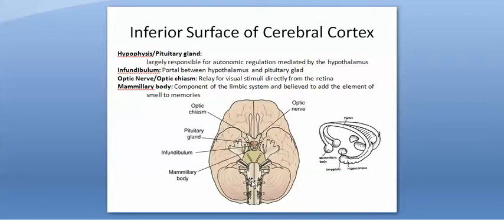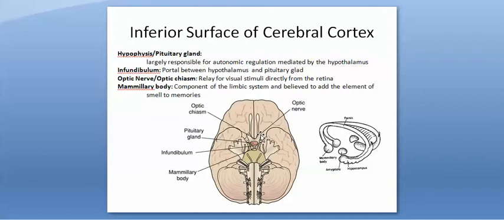All right, so we have the pituitary gland, and you guys remember the sella turcica from the cranial skeleton. The pituitary gland sits really snug right in there, and then there's a structure that helps connect the pituitary gland to the hypothalamus, and that's the infundibulum, which is right here. And then we have the optic nerve and the optic chiasm.